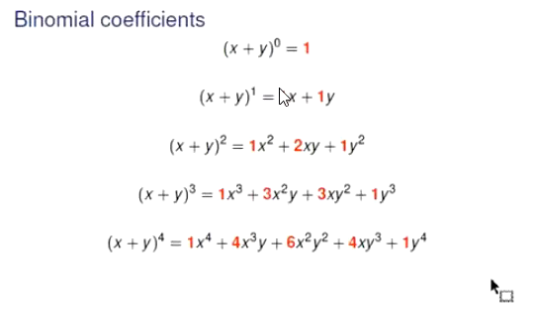When n is 1, the power of x is also 1. When n is 2, it is x^2. When n is 3, it is x^n, that means x^3. When n is 4, the power of x is also 4.